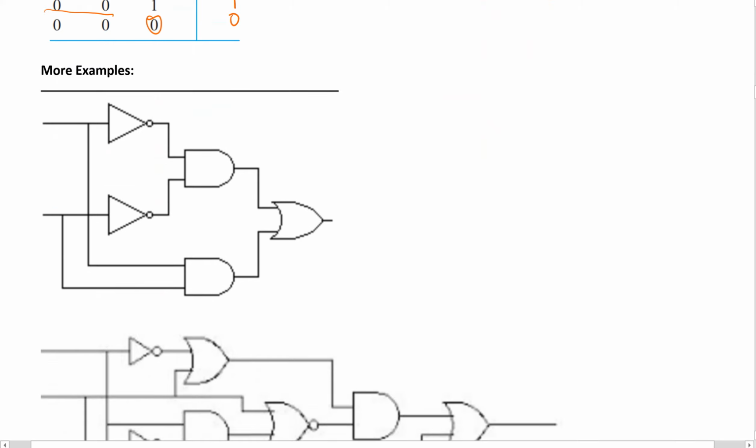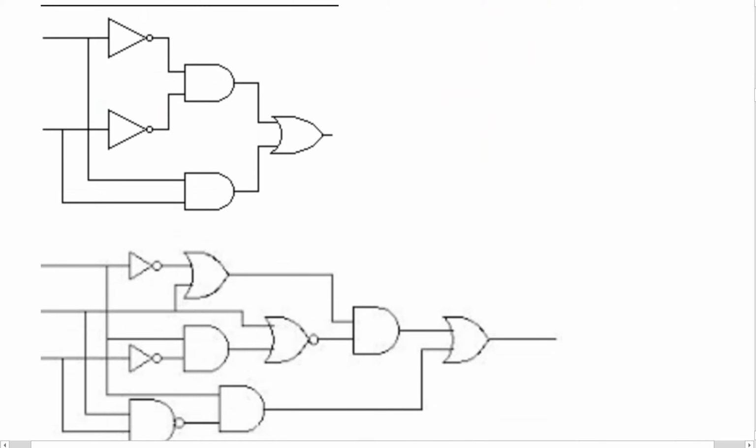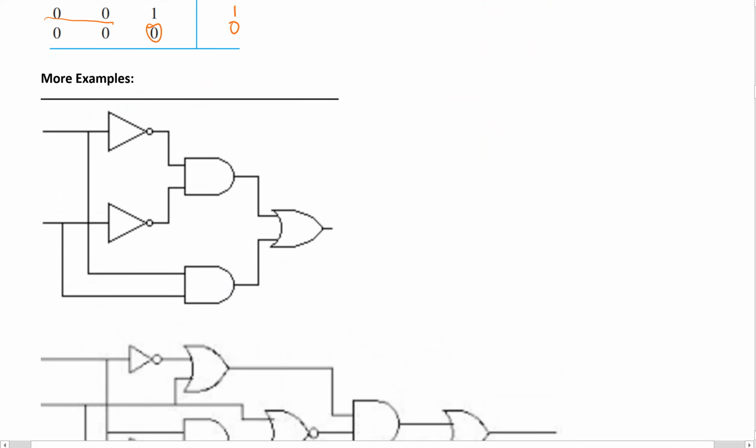So here we have more examples. But let's not do the whole logic table. Let's just look at some specific values. Let's say if this is 1, this is 0, how does this change? Okay, 1, this is a NOT gate. So after the NOT gate, it becomes 0, right?